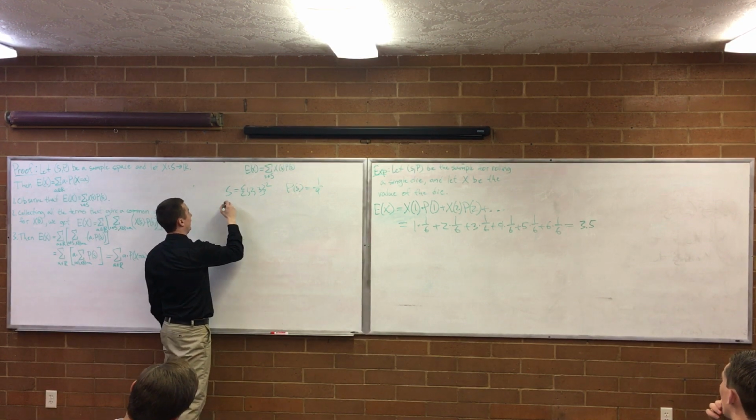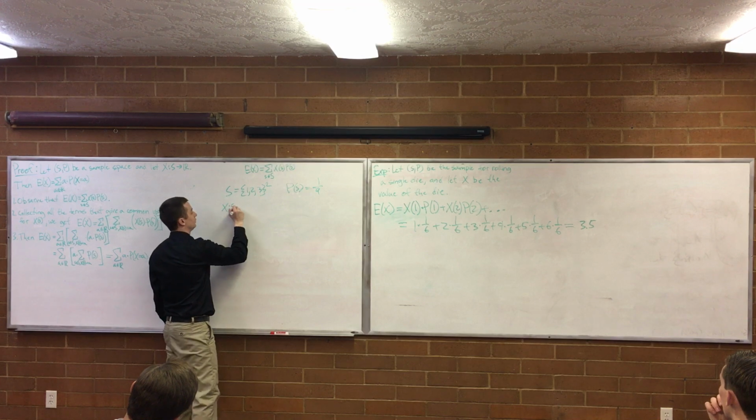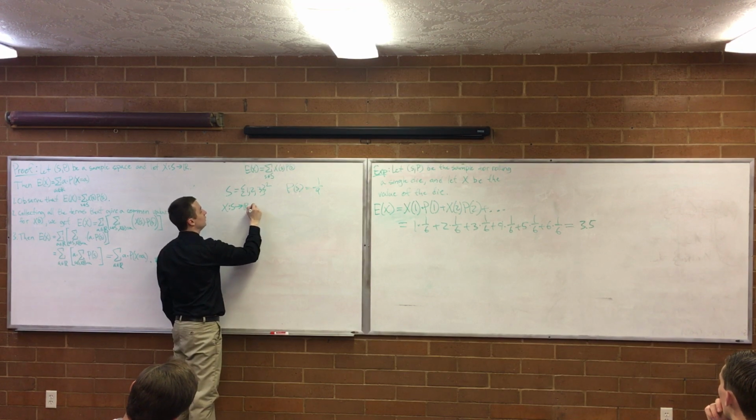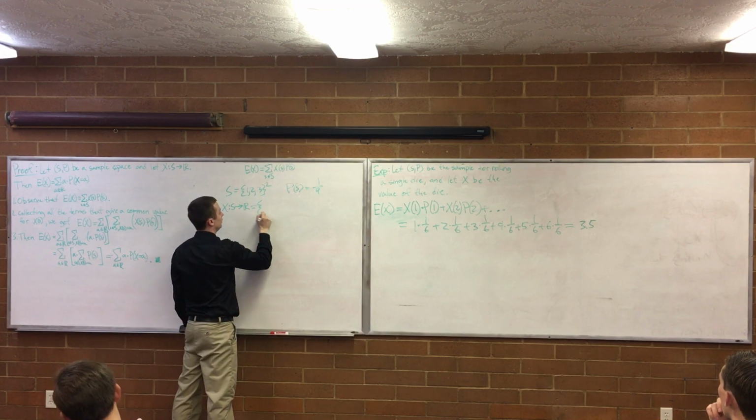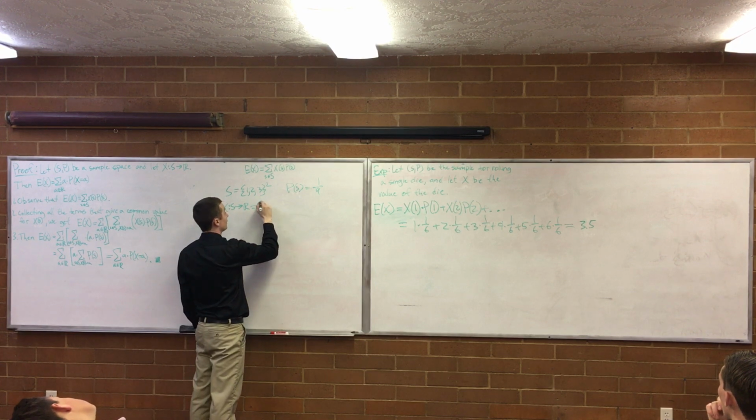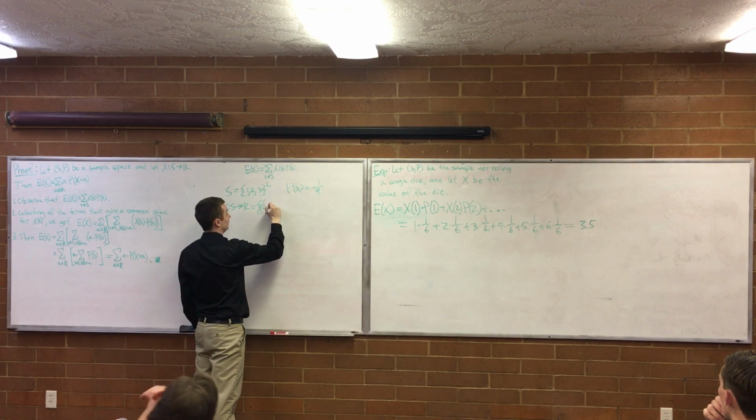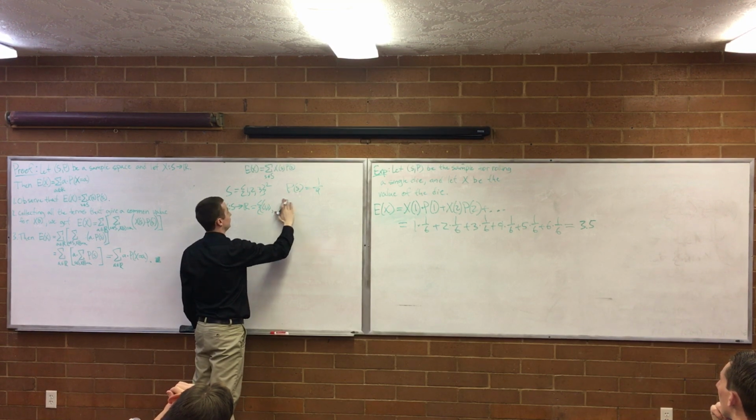And let's say that X, which is from S to R, is the function: for (1,1), it gives us 2. It gives us the outcome of each roll, right?